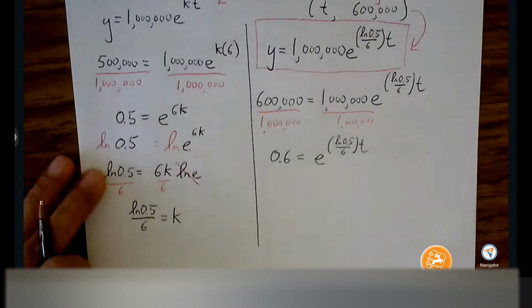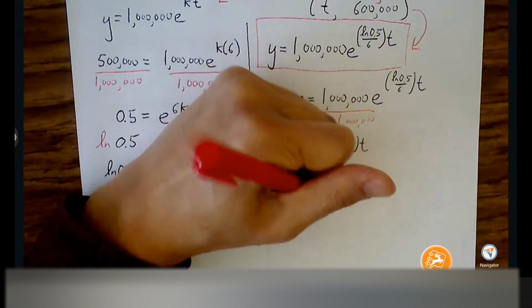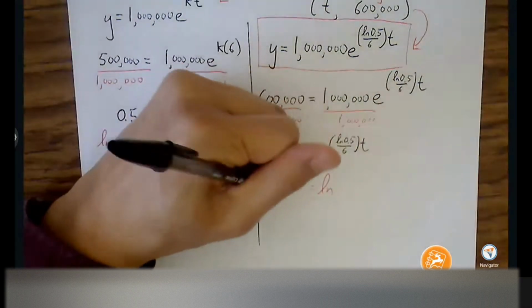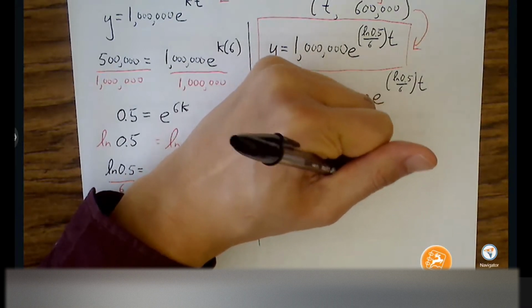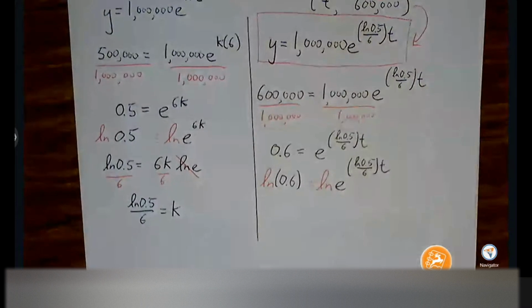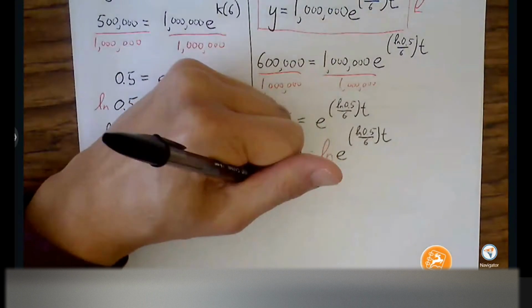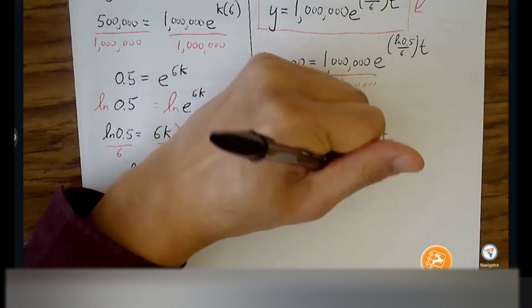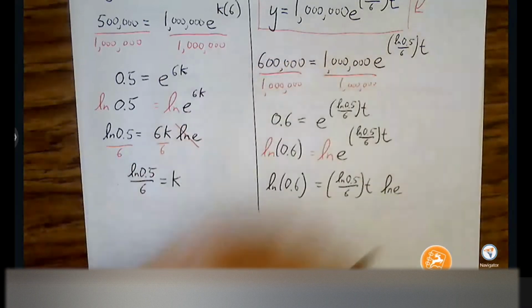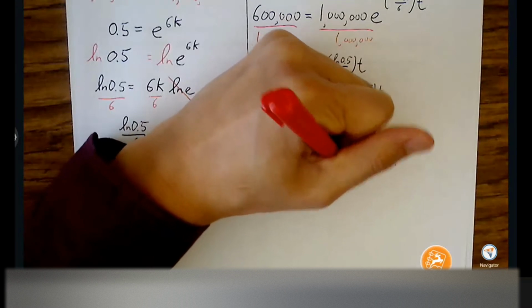Again, our variable is sitting up in the exponent. Natural log will allow us to bring that down. Exponent comes down, and the calculator will help us with the rest. Divide both sides to isolate the t.